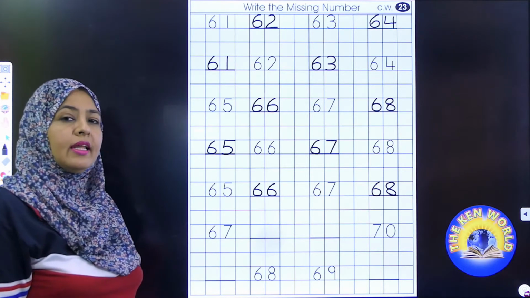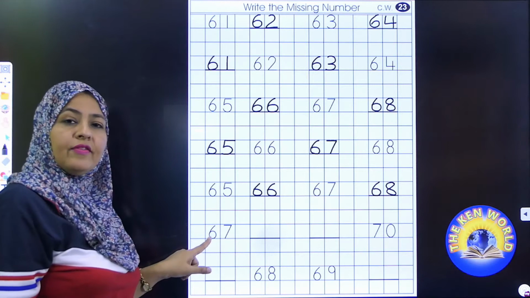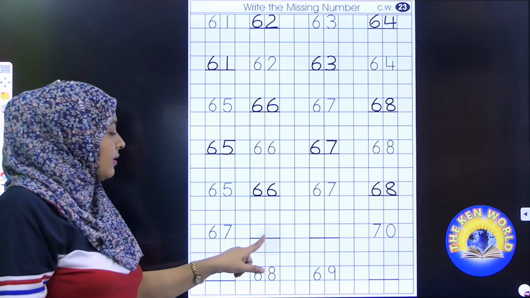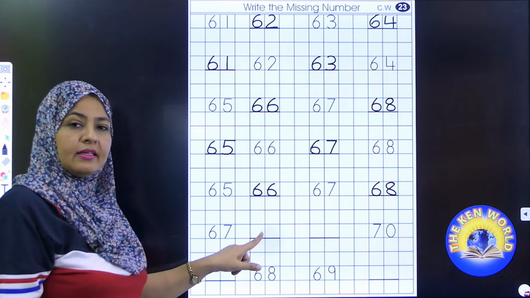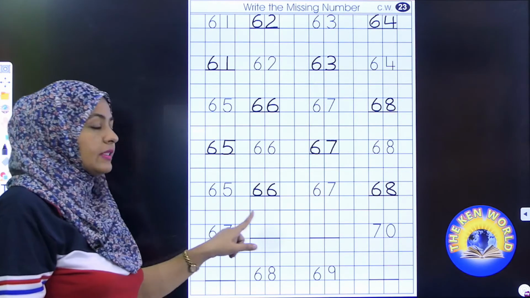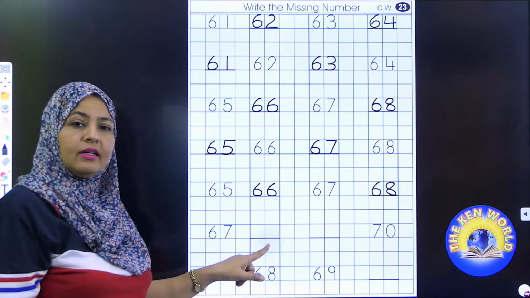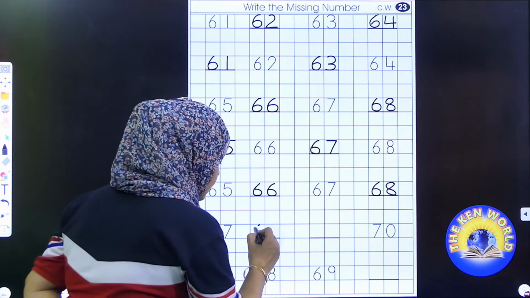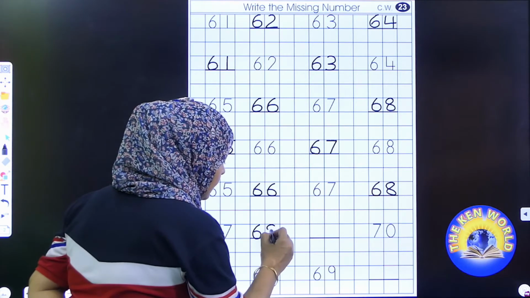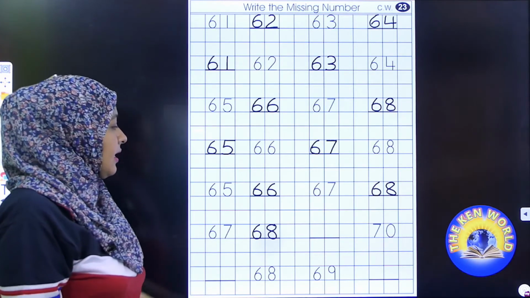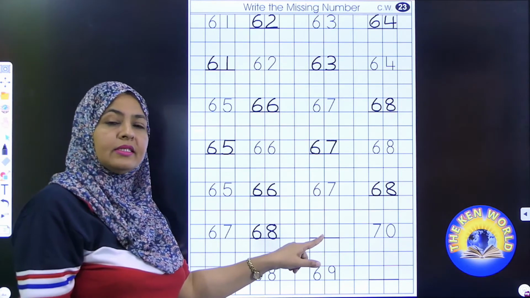Now move to the next row. Here we have number 67 and the next number is missing. To fill it, you have to tell me what comes after 67. Great. 68. Again the next number is missing.